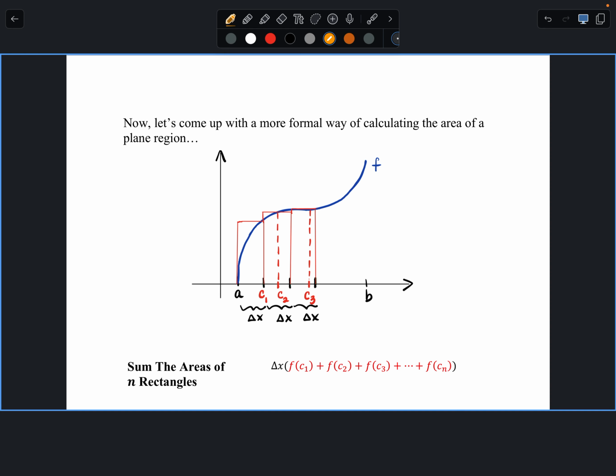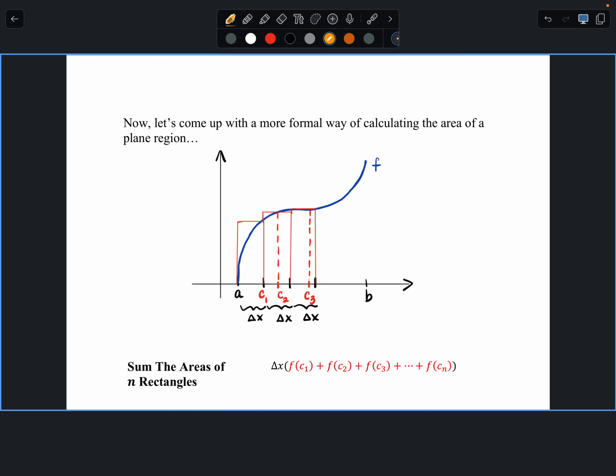Delta x, you guys already know this formula, right, would be b minus a over n. If you are choosing the right endpoint of each subinterval, that allows you, when you come up with your sum, to have i start at 1.